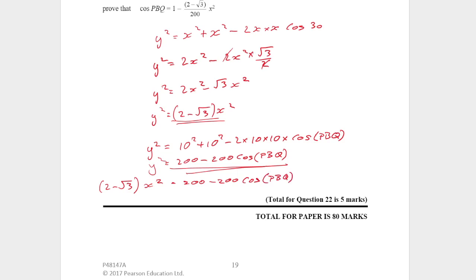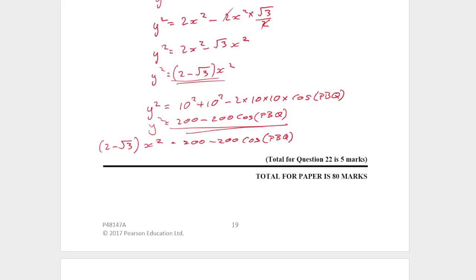Right, so if we rearrange this, if I take this over to this side, 200 cos of the angle that we're after, PBQ, is going to be equal to 200 minus (2 minus root 3) x squared.